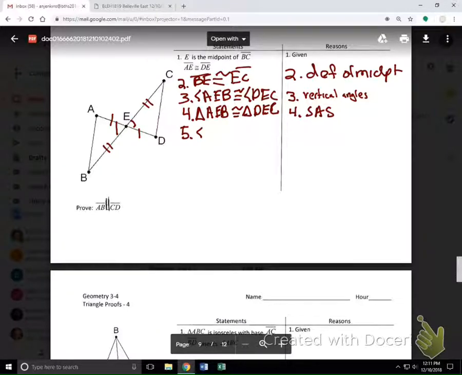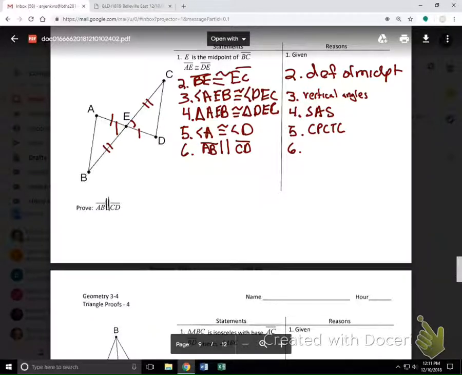So we have to show that those angles are congruent. So we see that angle A is congruent to angle D. And we know this because corresponding parts of congruent triangles are congruent. And then last but not least, we can say that AB is parallel to CD.